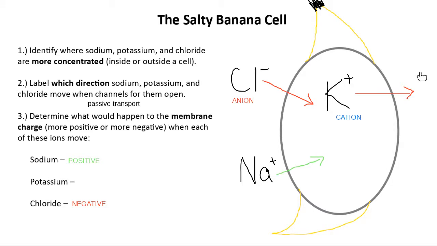So another way to make our membrane charge more negative is to get rid of some of those positives we had inside the cell. When potassium moves out, it takes its positive charge with it, making the inside more negative. When chloride comes in and brings its negative charge with it, that makes it more negative as well. Sodium is positive, and that makes the inside more positive.